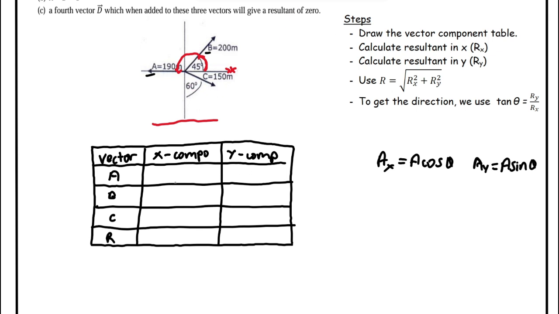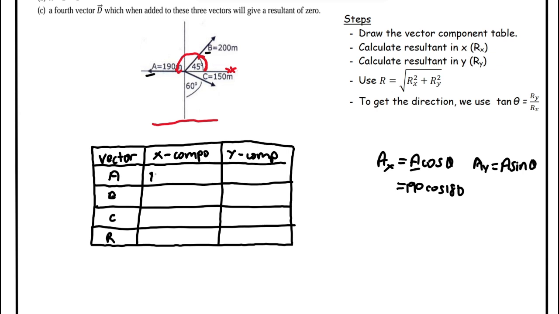So let's get the X component, A cos theta. Our theta in this case we've determined is 180 degrees. Our A has been given as 190. The X component is 190 cos 180.